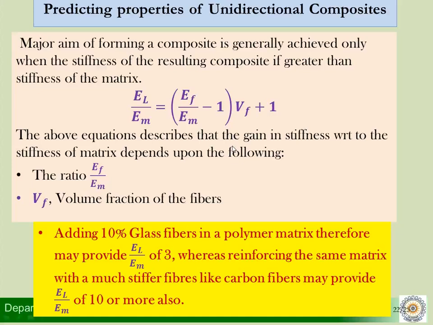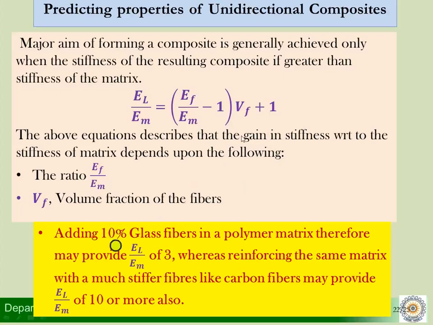which takes me to one more interesting observation here. We are observing that if I use high stiffness fibers, the gain in stiffness will be higher. An example we can quote here is when I compare glass fibers with carbon fibers.